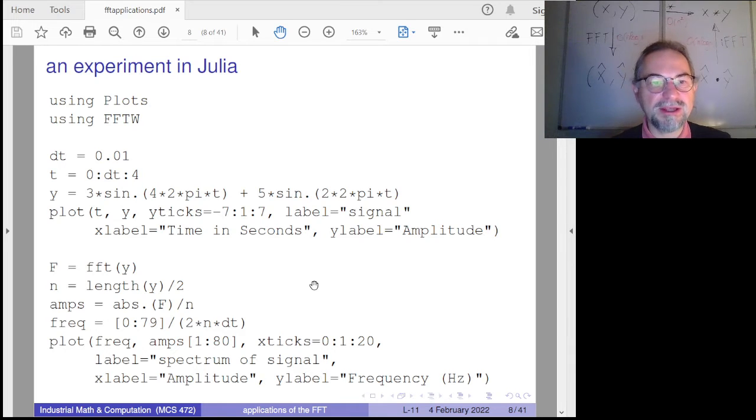Here are the instructions for two plots, where we construct a signal that is the sum of two sine functions. One sine function runs at frequency 4, so the 4 here is important, and amplitude 3. The other signal runs at a lower frequency, but at a much higher amplitude, at amplitude 5.